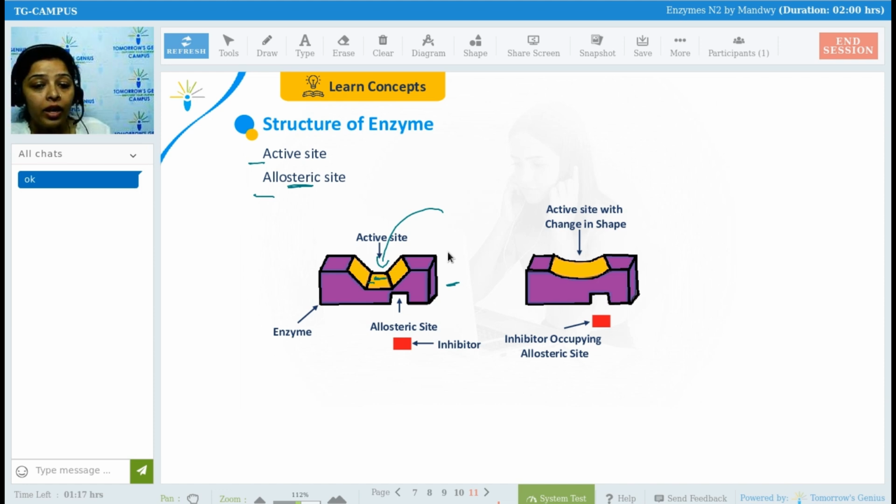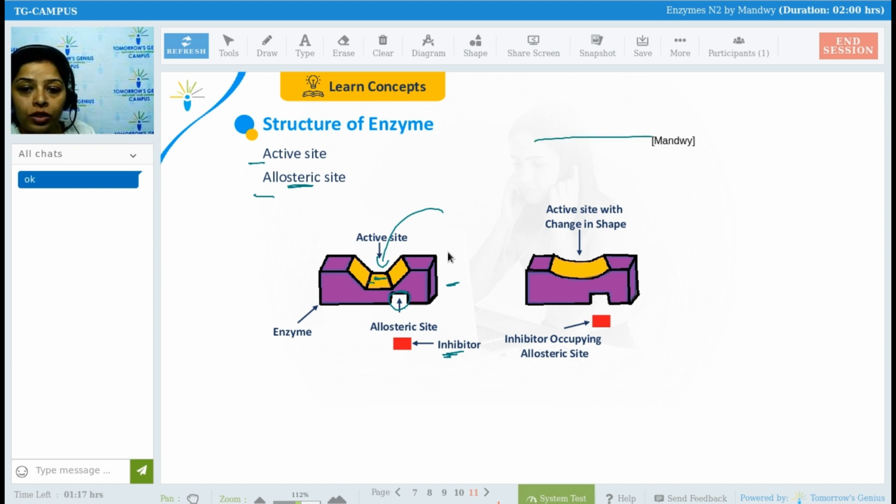For example, if any inhibitor binds to the additional binding site, then the enzyme will not work because the inhibitor is inhibiting the activity of the enzyme. Are you getting me? For example, the lac operon.